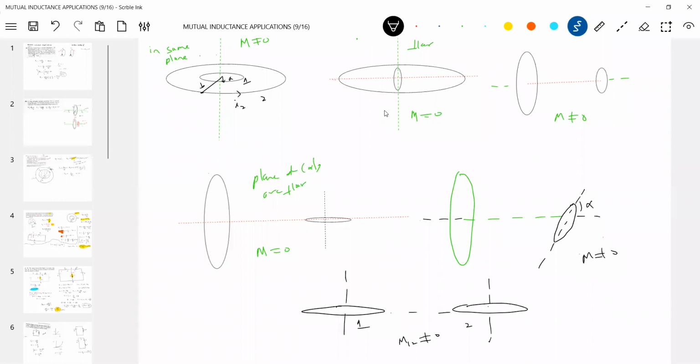It will be non-zero. Later, in the magnetism chapter, I'll give the proof, because for that we need the bar magnet concept. Okay, let's go to the next one.